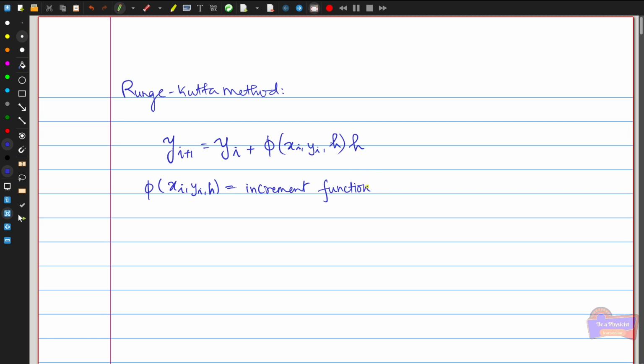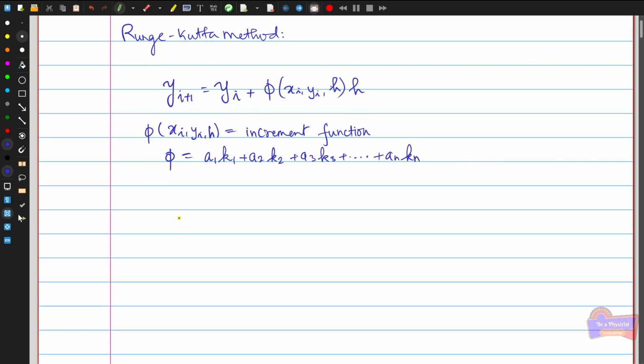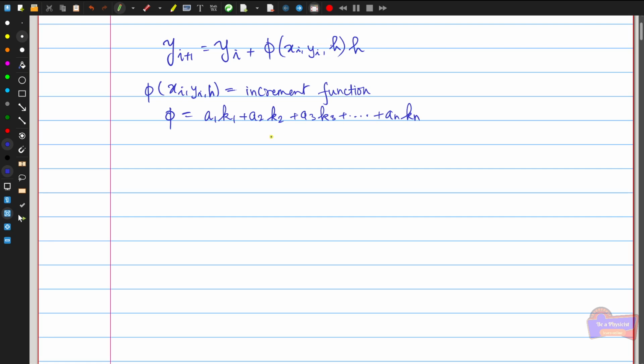The increment function can be written in the general form phi equal to a1 k1 plus a2 k2 plus a3 k3 and so on up to an kn, in which a1, a2 up to an are constants and the k's are the slopes.